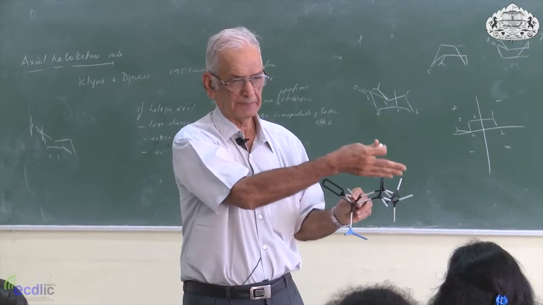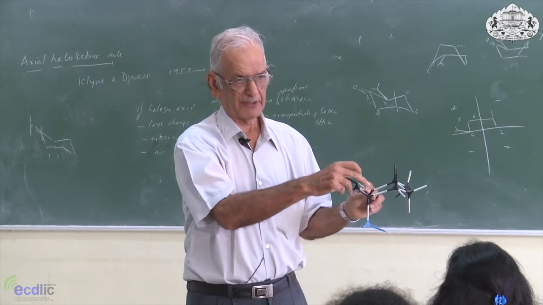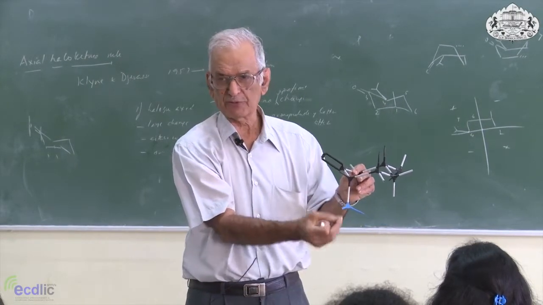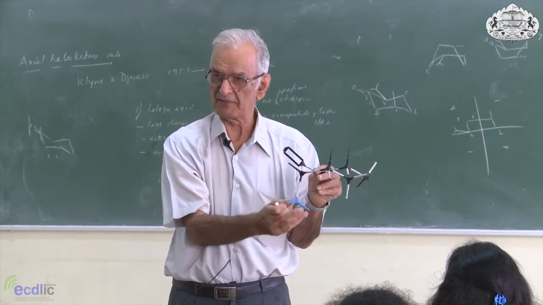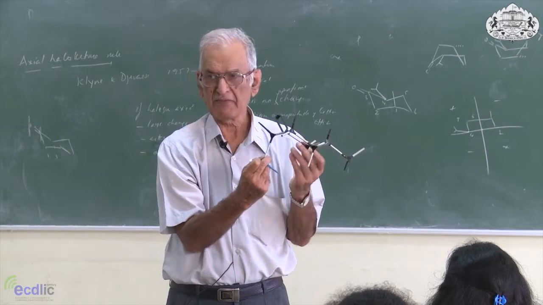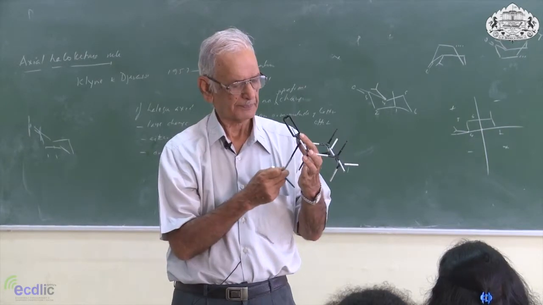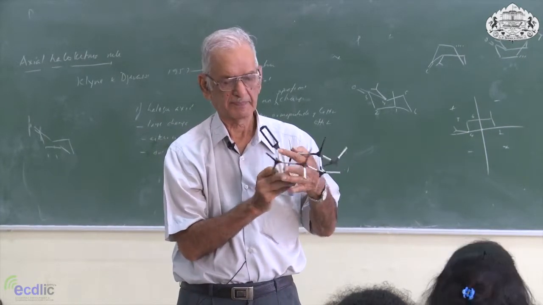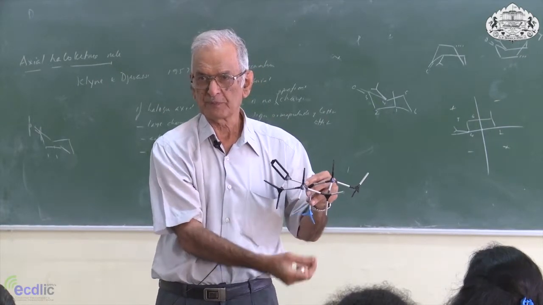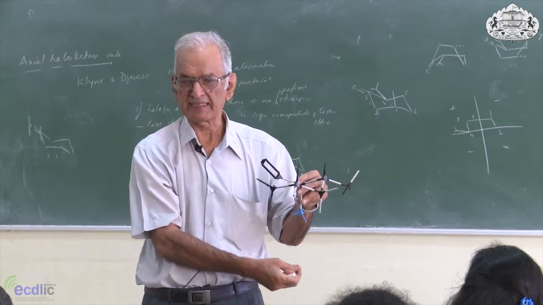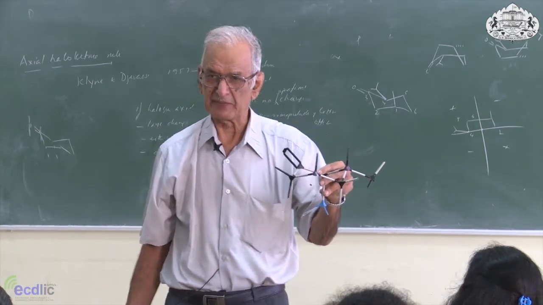Ketone is on the right, halogen is going in the lower one. Therefore, contribution is going to be positive. If it's on the left, now what will happen? Halogen will go on the lower left and its contribution will be negative.